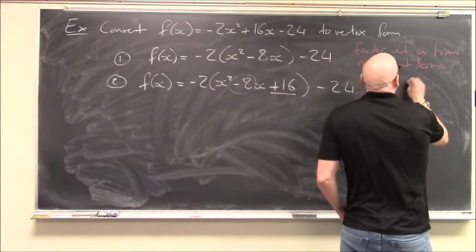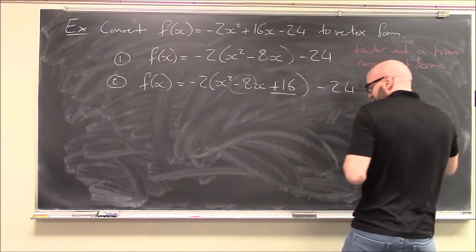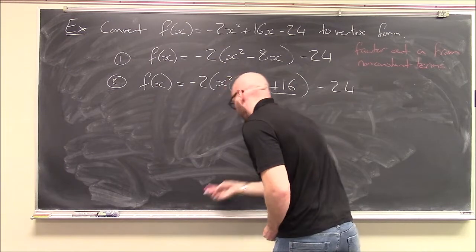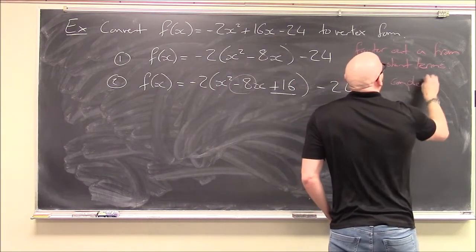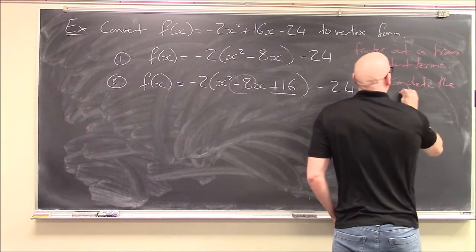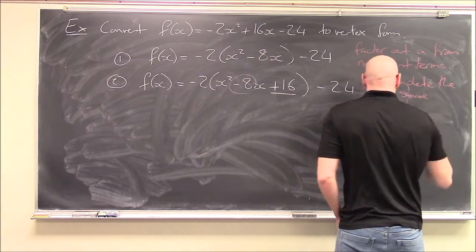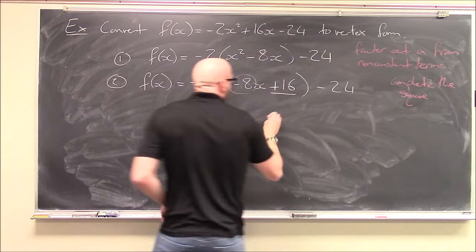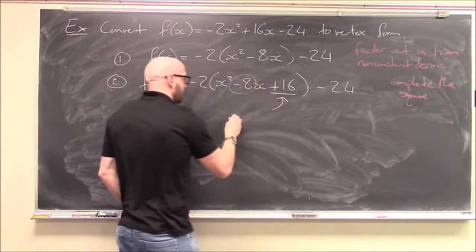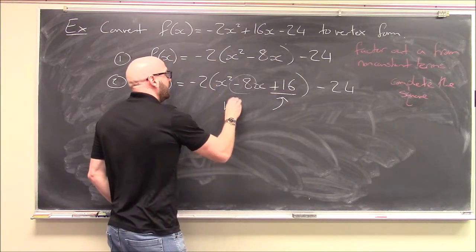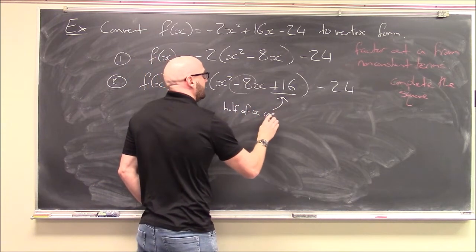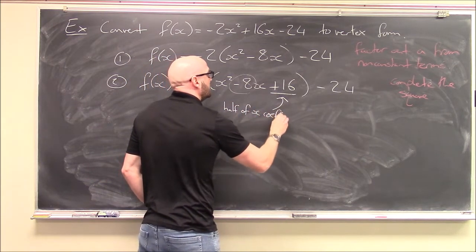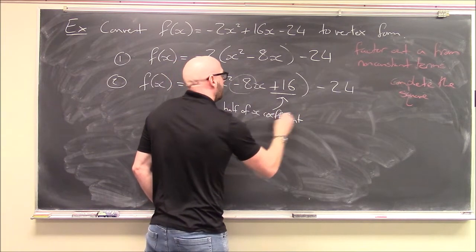So the next step is to complete the square. This is half of the x coefficient, squared.